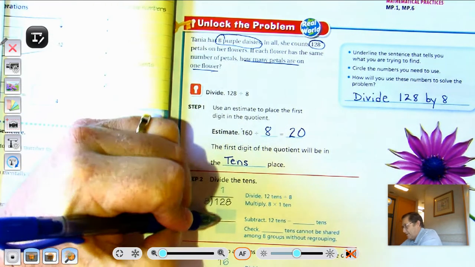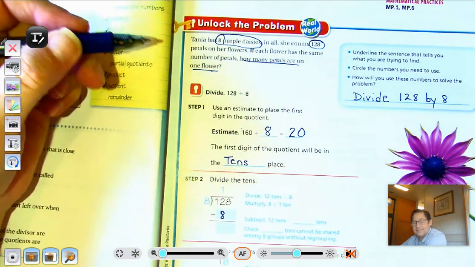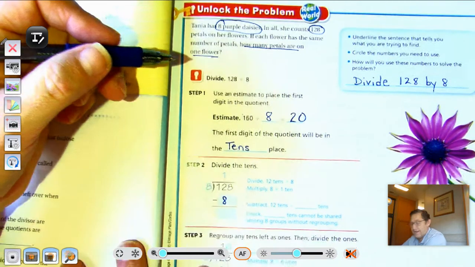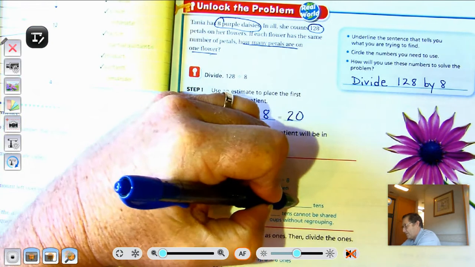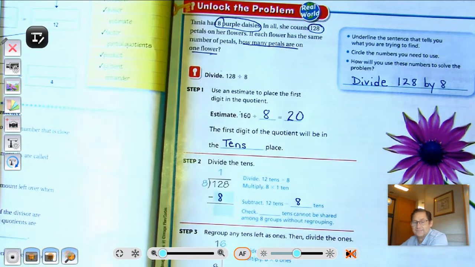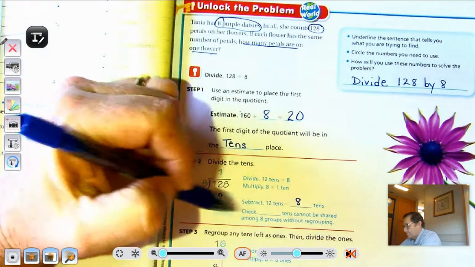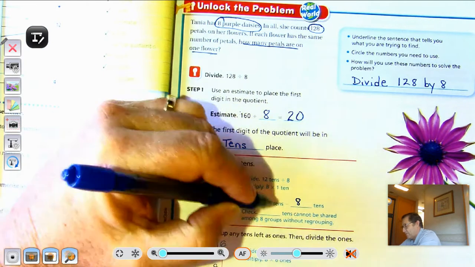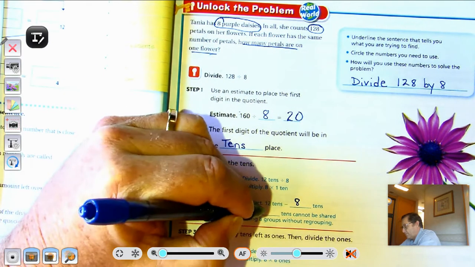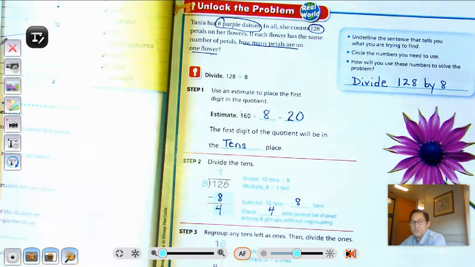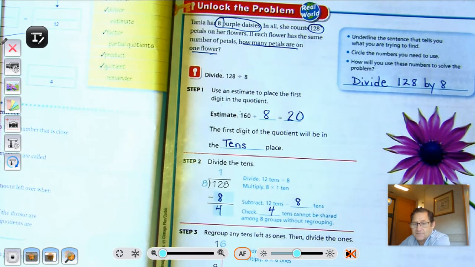So 8 times 1 is 8 tens. So subtract 12 tens and 8 tens. 12 take away 8 is 4. Can you share 4 tens with 8 groups equally? No, you can't because the divisor is bigger than what we're left with.